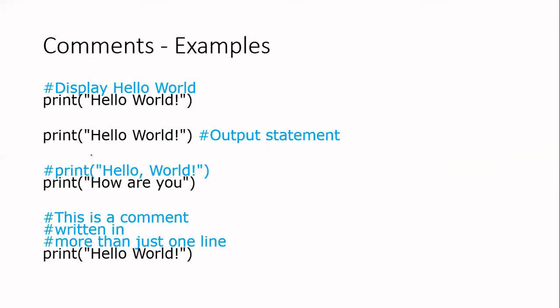Some examples of comments. Whenever you're using a comment, you always start with the hash. This is called the hash. So all comments start with that. And whenever the compiler, the computer finds the hash sign, whatever is found thereafter is ignored by the computer.